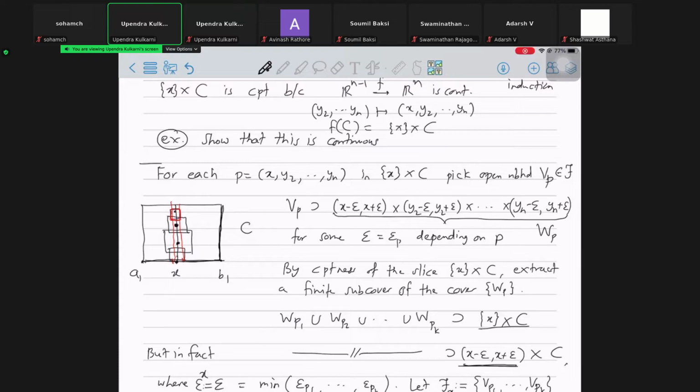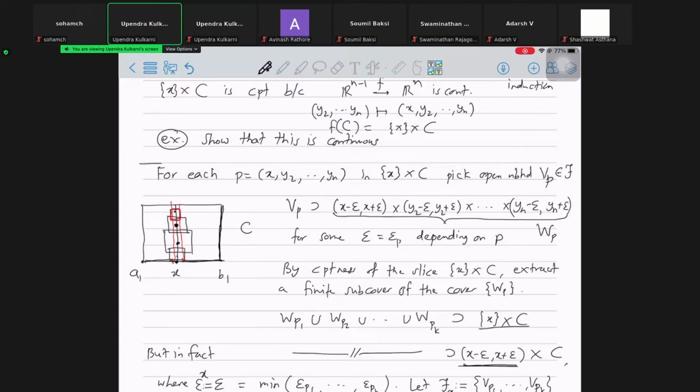And for the balls around the outside point, I took their intersection. Sorry, I'm saying this very badly. After taking a finite subcover, intersections work well, because a finite intersection of open sets still stays open.